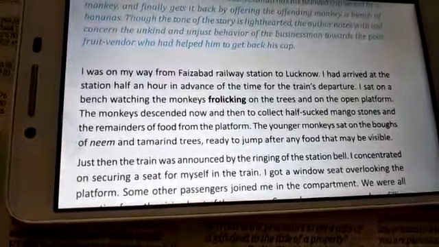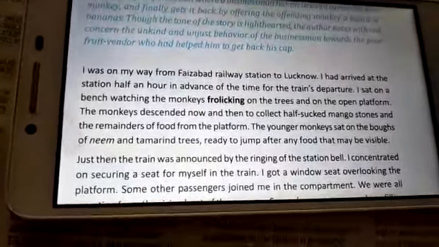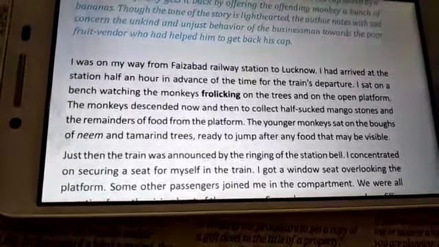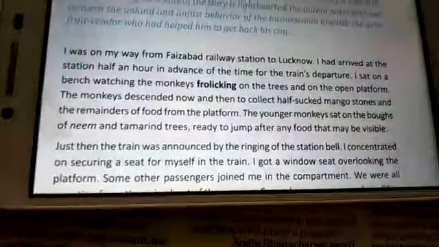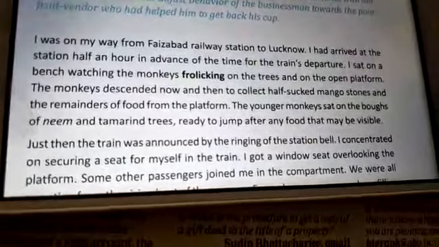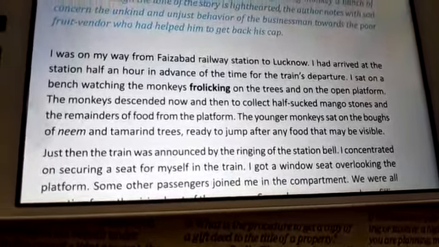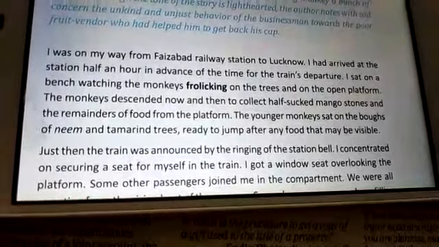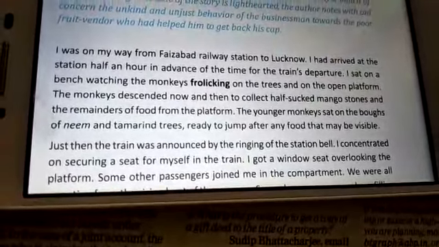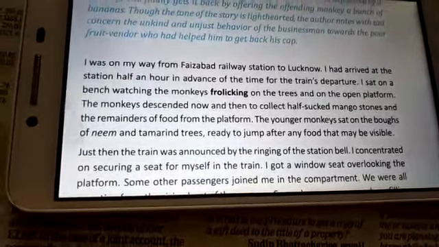Okay, they are just descending from a nearby tree, now and then, to collect everything and anything, some mango stones. They are half sucked, so they are collecting those. The younger monkeys sat on the boughs of neem and tamarind trees, ready to jump after any food that may be visible. So they are very mischievous kind of monkeys.